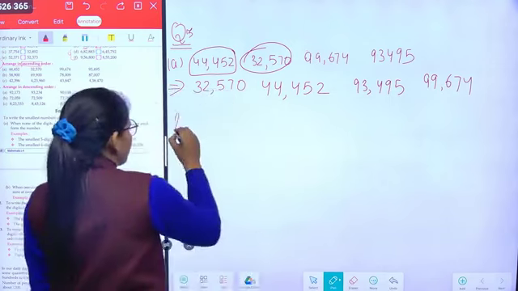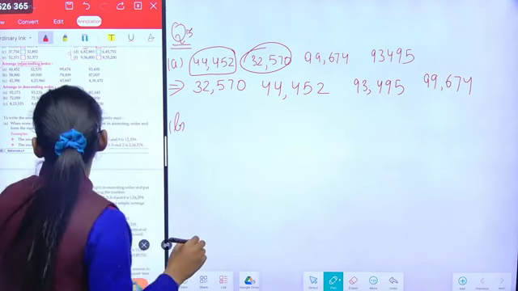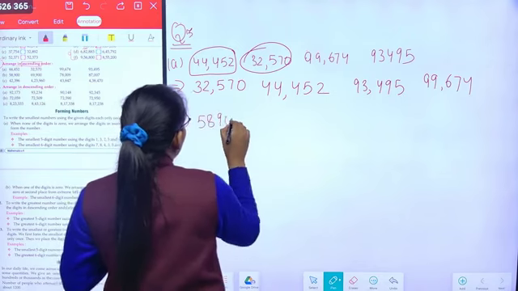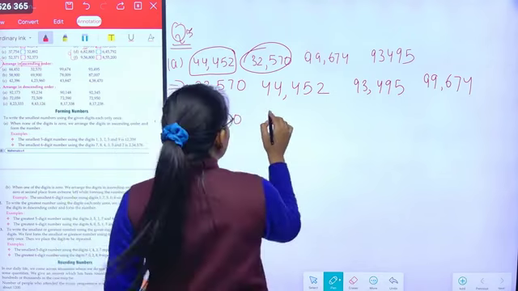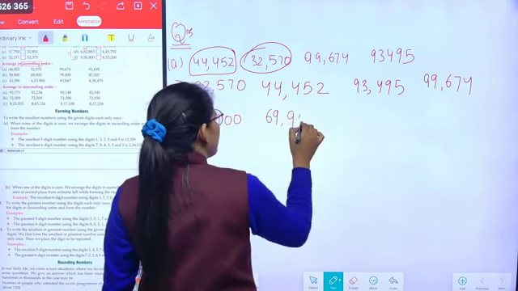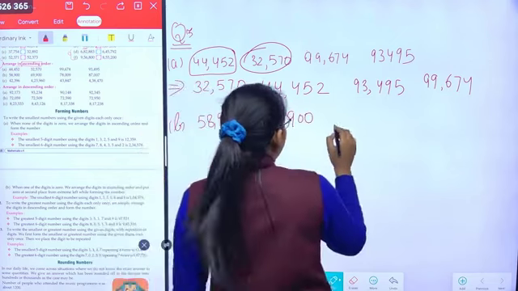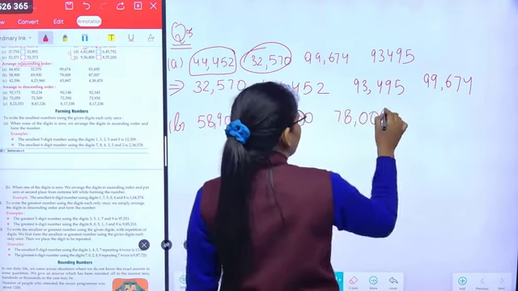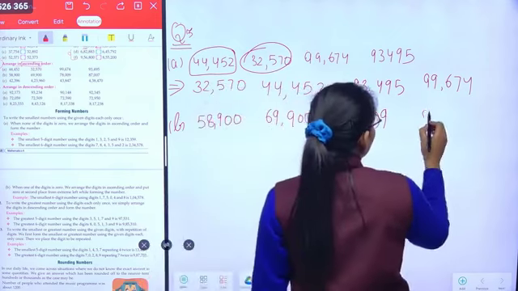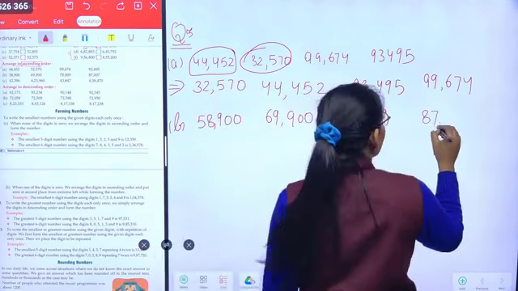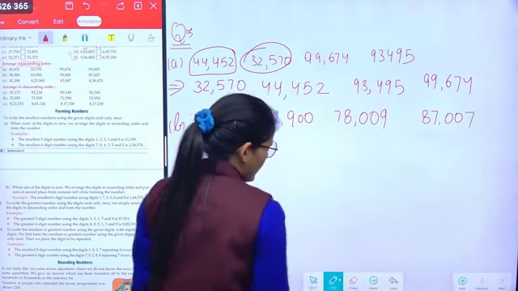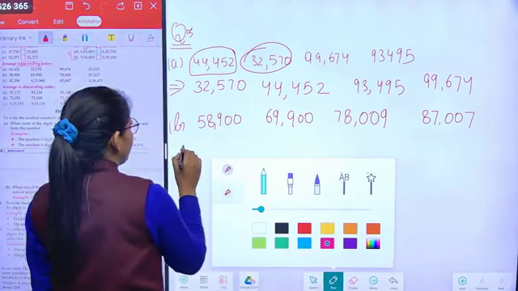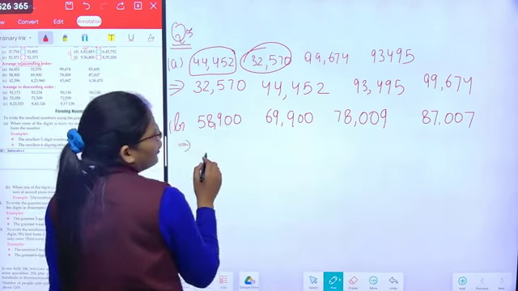Now class, B part. Now B part is 58,969. Now 78. Understand, class? Now which is smallest?